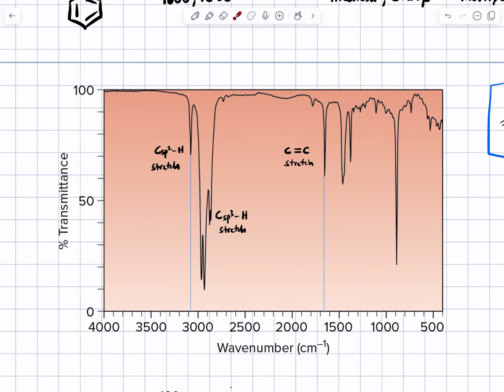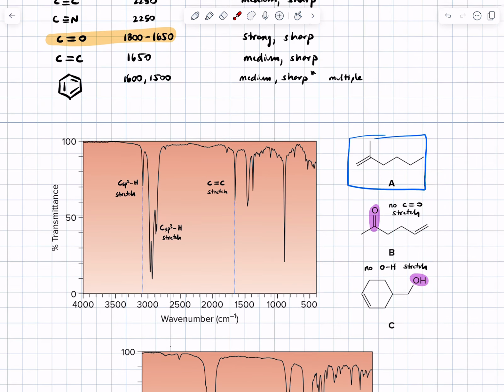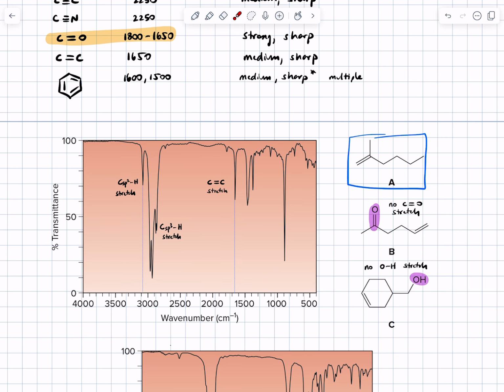I don't. One of the things you'll get experience with is that in most IR spectra of organic compounds, there is a strong narrow peak in the range of 3,000 to 2,800, and that's usually just your boring CH bonds, which tells you nothing because all of these molecules have sp3 hybridized carbon-hydrogen bonds.